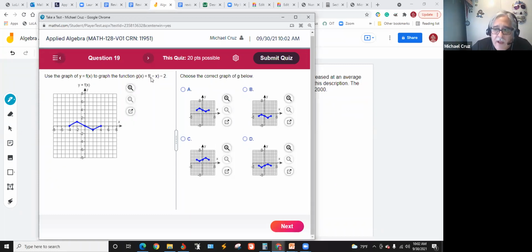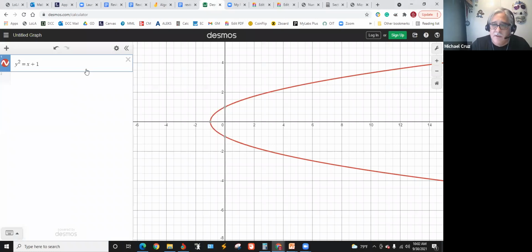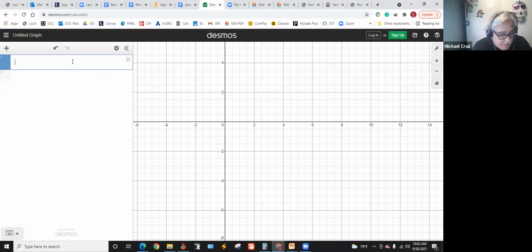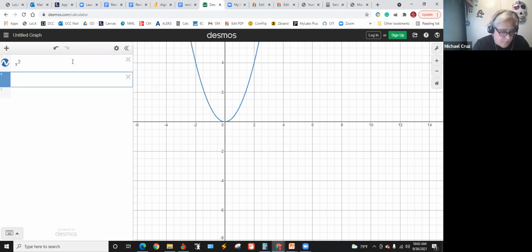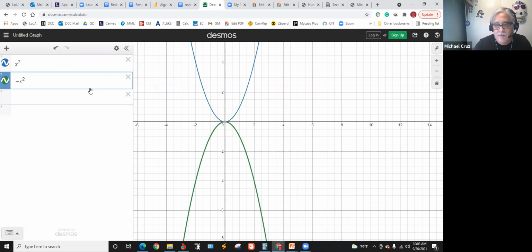Now, the negative x does the flip, the transformation about the y-axis. Let me kind of show you on here. I'm not going to do the same function since I don't know what it is, but that's not.